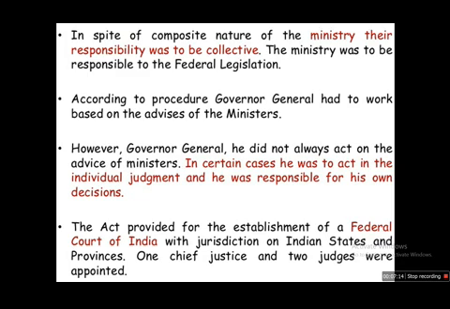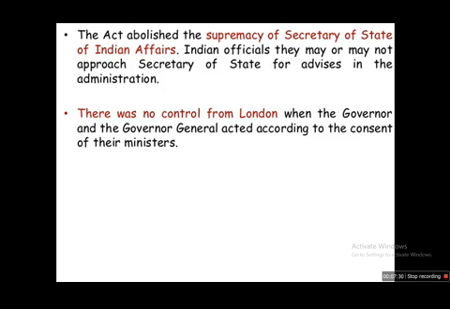So, the Act provided for the establishment of a federal court of India with jurisdiction over Indian states and provinces. One Chief Justice and two judges were appointed, and the Act abolished the supremacy of the Secretary of State for Indian Affairs.